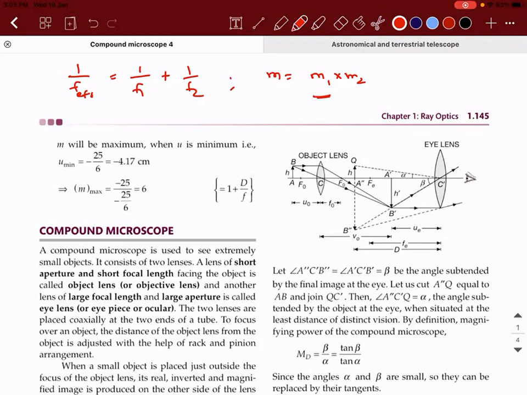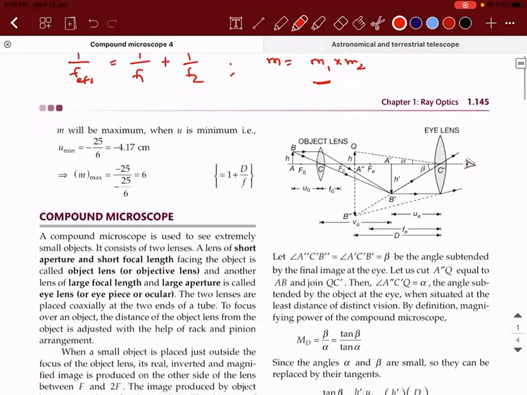Right? So in the same logic, if I use a single convex lens, it is going to be a simple microscope. So what we will do is produce magnification with one convex lens, and that magnified image will be used as an object for the second convex lens to produce a bigger image. Does it make sense? So what are we doing? The logic is very simple.